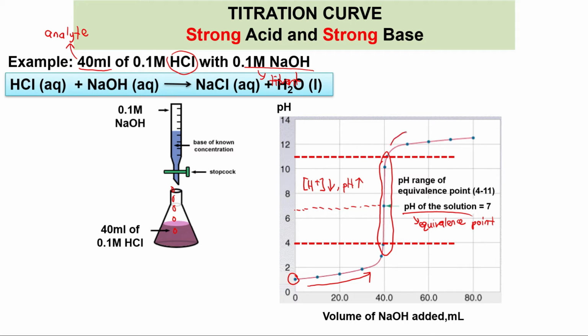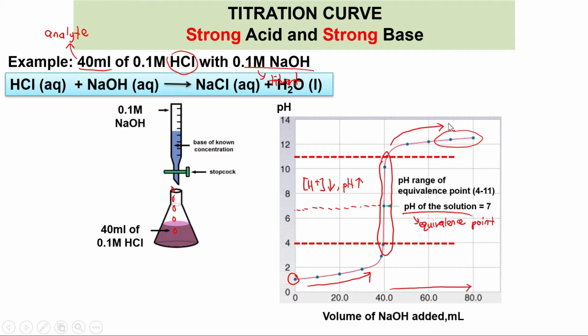After the equivalence point, the pH continues to rise because we continue adding NaOH. That means NaOH is in excess. NaOH is a strong base, therefore the pH of the solution continues to rise, up to between 12 to 13.